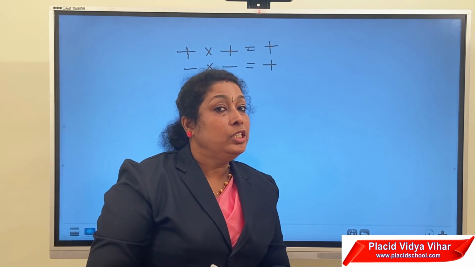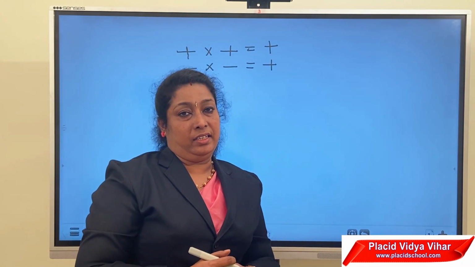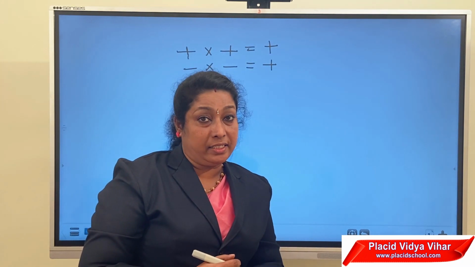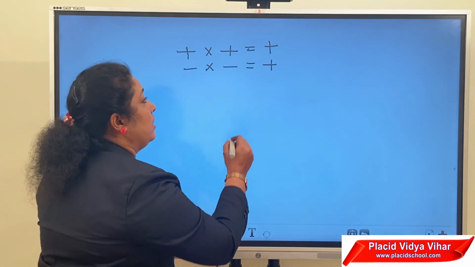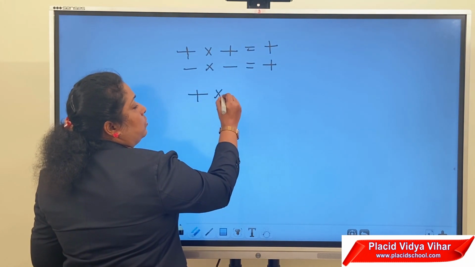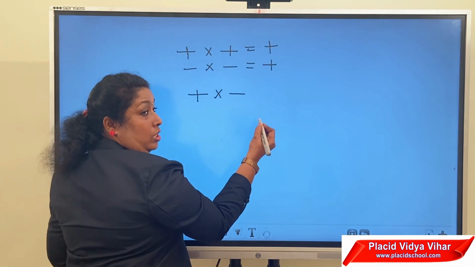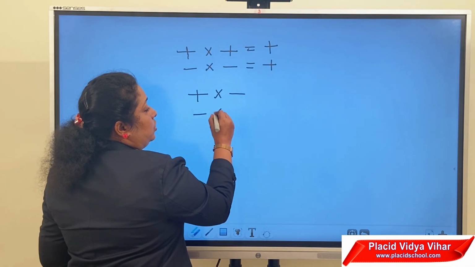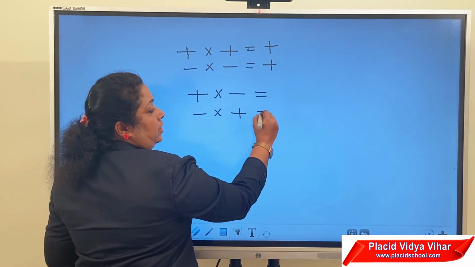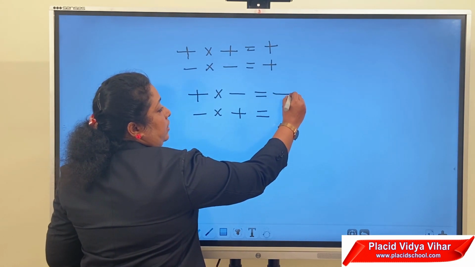If we multiply two integers of different sign, that is, if one is positive and the other is negative, look, what is the sign? Positive into negative or negative into positive, the answer sign will be negative.